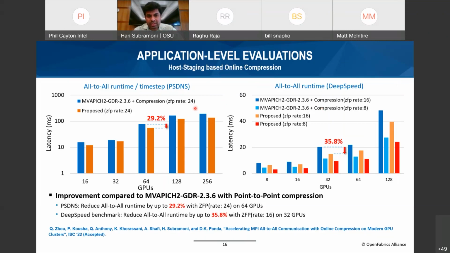What we found was that applications like PSDNS and AWP-ODC, which is a winner of NVIDIA's award for impact and does prediction for earthquakes on the San Andreas fault, are able to tolerate some level of lossy compression. Of course, you can't compress it to very high levels, then you would hit data validation issues, but it is able to tolerate some level of loss. That is what we are observing here. I hope that answers your question, Raghu.